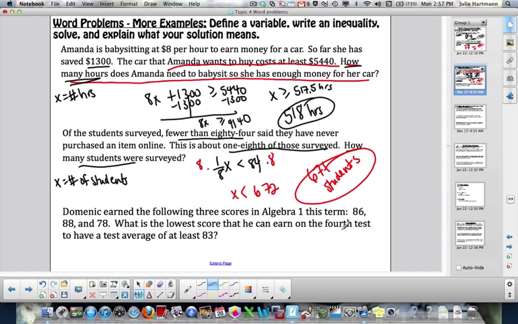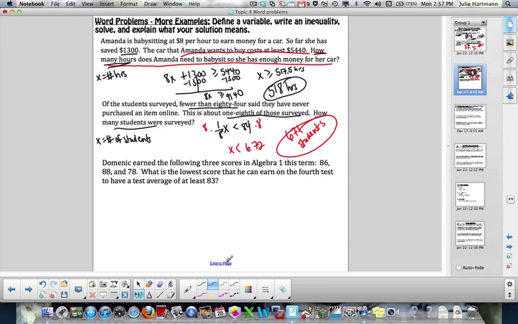Okay. The third one, Dominic earned the following three scores in Algebra 1 this term, 86, 88, and 78. What is the lowest score that he can earn on the fourth test to have a test average of at least 83? So if you remember your averages, add them all up, divide by the number there are.